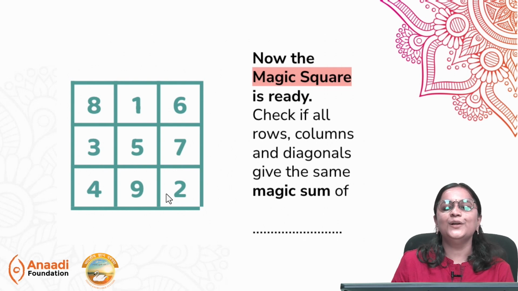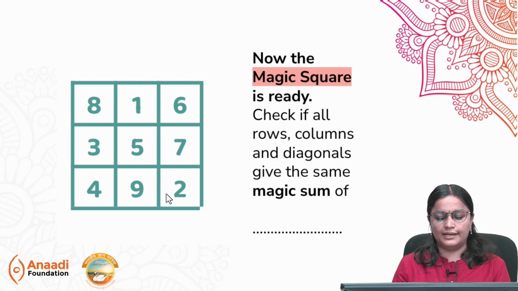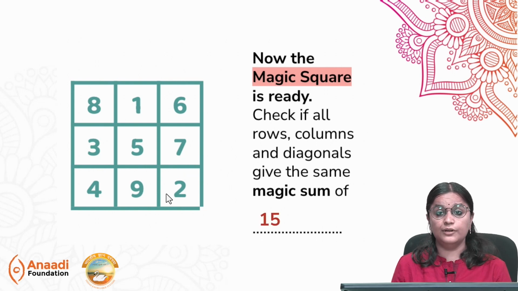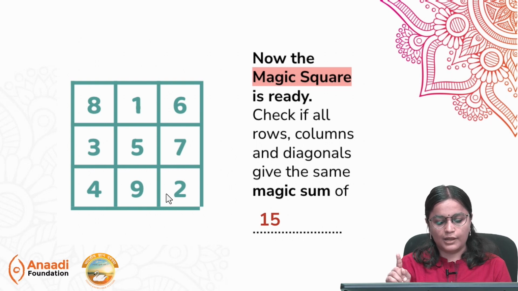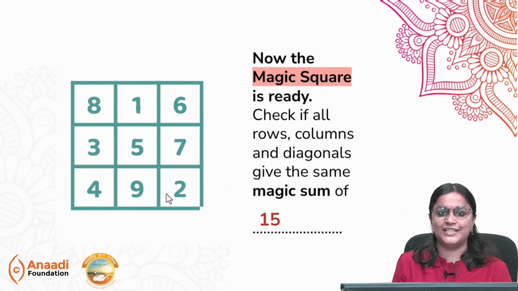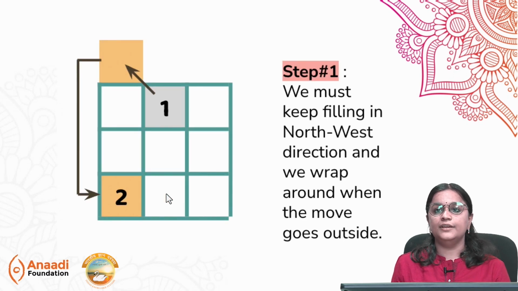Now, lo and behold, your magic square is ready, and check if all rows, columns and diagonals give the same magic sum. That is the best way to ensure your magic square is perfectly constructed. You will find that the sum of all the rows and all the columns as well as the diagonals comes up to the number 15. And there we have it.